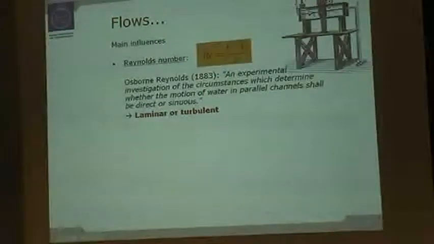Of course, the Reynolds number occurs here as length scale times velocity over viscosity, and it goes back to these experiments by Reynolds. Essentially, the Reynolds number says whether the flow is laminar, transitional, or turbulent.